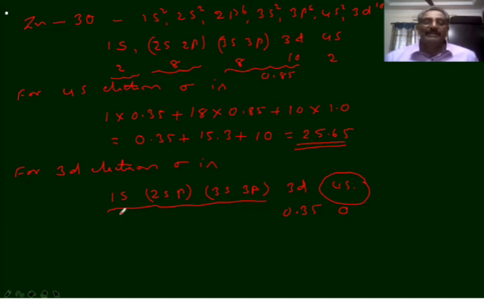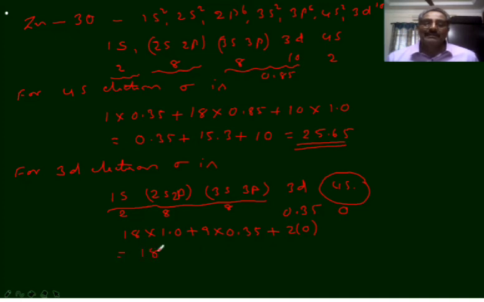How many electrons are there? 2 1s electrons, 8 2s and 2p electrons, 8 3s and 3p electrons, that is 8 plus 8 plus 2, 18 electrons. Each causes 1.0, 18 into 1.0 plus here 9 more electrons, 9 into 0.35, plus 2 into 0, these do not cause anything.